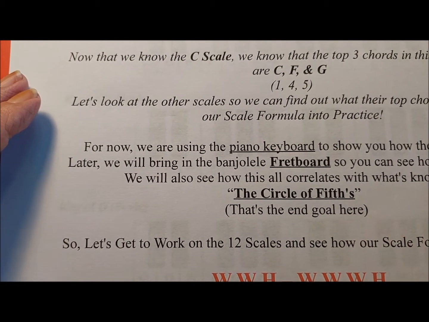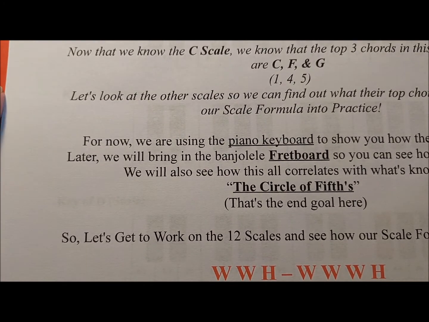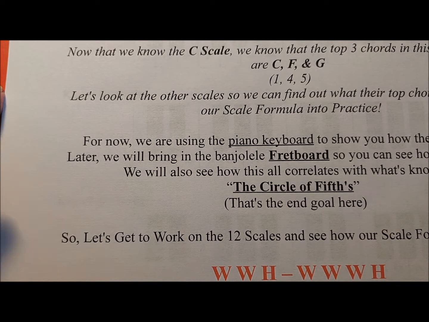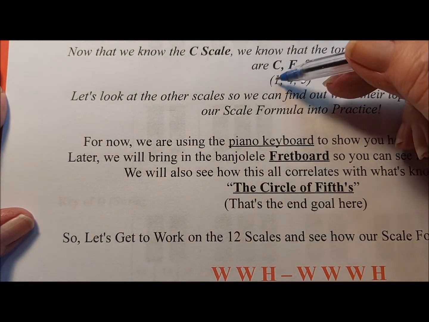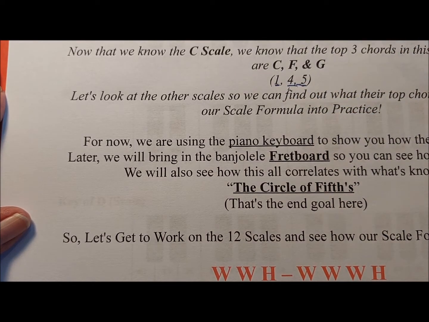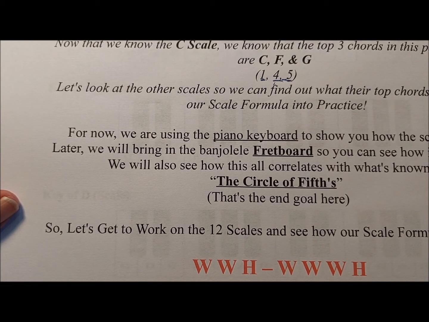Okay, lesson 3. We're continuing on the scales and chords. Now that we know this C scale, we know that the top 3 chords in this particular key are C, F, and G. The 1, 4, 5. Look at the other scales and we'll find out what their top chords are and put our scale formula into practice. For now, we're using the piano keyboard to show you how the scales work. Later, we will bring in the banjolele fretboard so you can see how it works there.